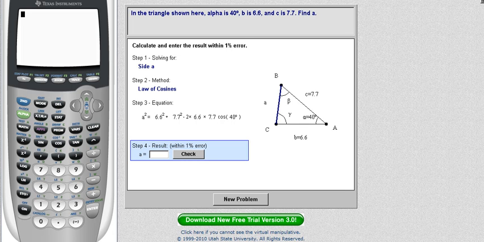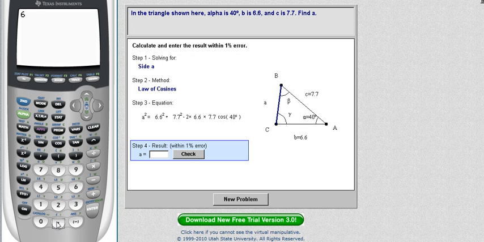So I start with a squared is equal to the sum of the squares of the two known sides, b squared plus c squared, minus 2 times the product of the two known sides, side b times side c, and then that times the cosine of the given angle. Alright, so let's go ahead and calculate this out.